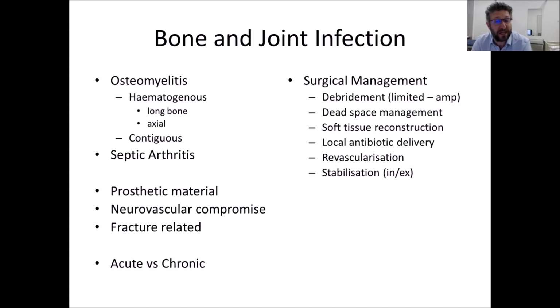Our infection management, from an antibiotic perspective, is further complicated by taking into account the surgical management, which involves debridement, which at times is limited to try and maintain function, dead space management, which may or may not include the use of local antibiotic delivery devices, soft tissue reconstruction, which is increasingly recognized as essential to be conducted early to try and provide reconstruction of that soft tissue envelope to contain the underlying bone and promote bone health, revascularization when that's required, and stabilization, which may be internal or external.